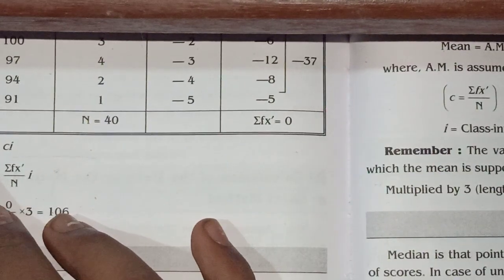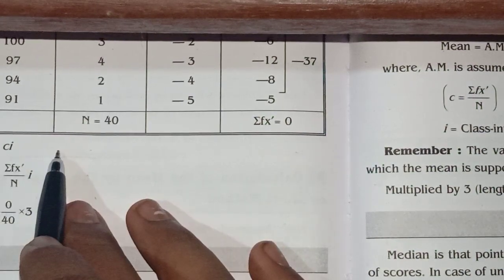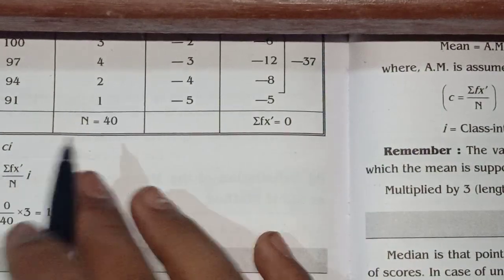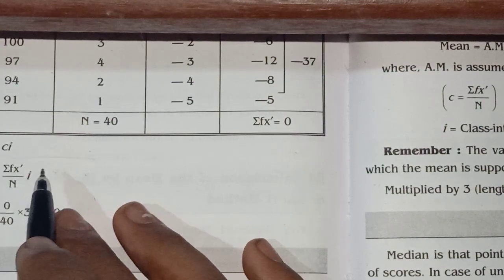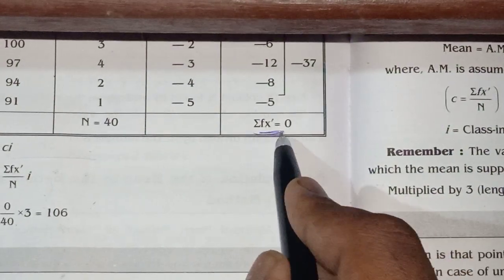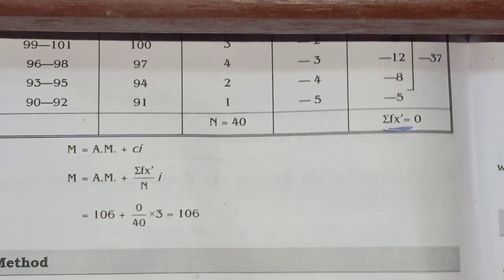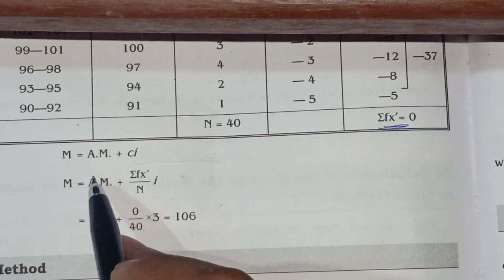M is assumed midpoint plus Ci. Okay, assumed midpoint and Ci. What is C? C is sum of fx dash by n.